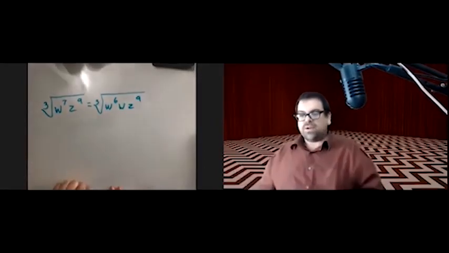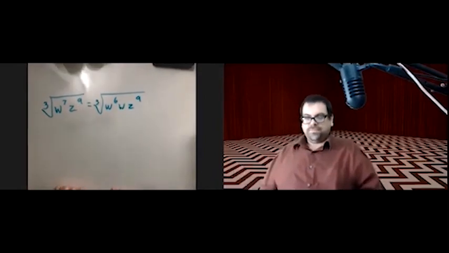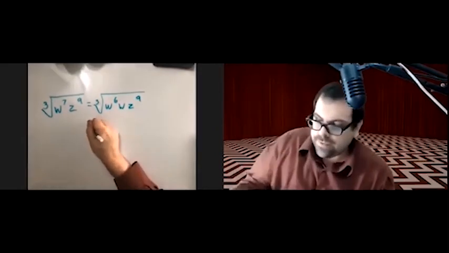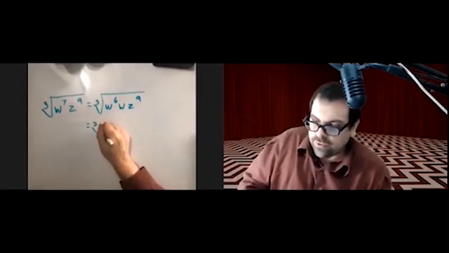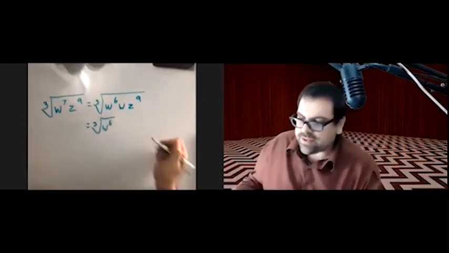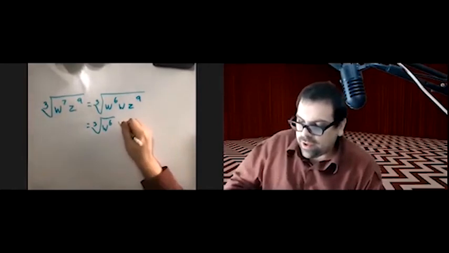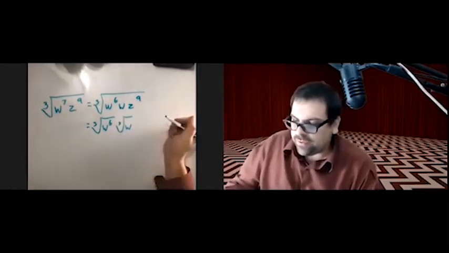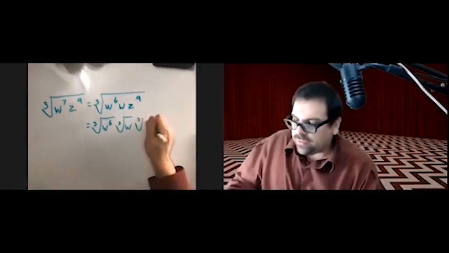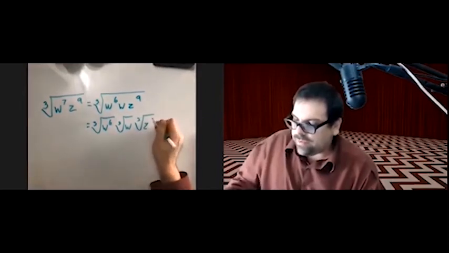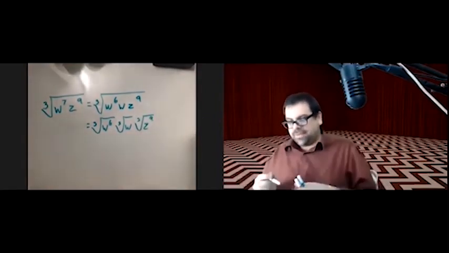So we don't have to split that one at all. We have the cube root of w to the 6th, the cube root of w, and the cube root of z to the 9th.